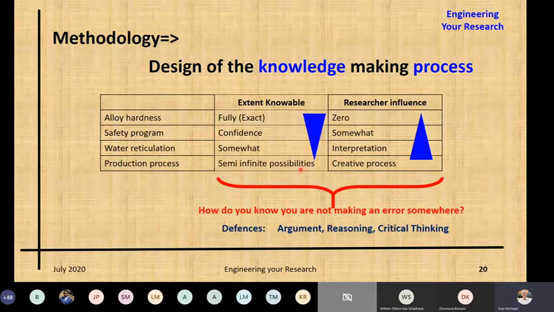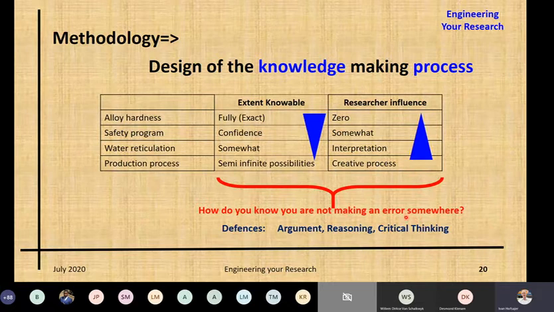We now understand the nature of knowledge, and we understand the nature of how we influence it. In our process that we are going to design, how do we know we are not making an error somewhere? That is the core question to be asking when you design your knowledge-making process.